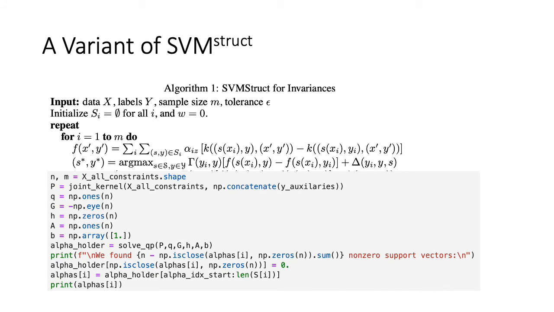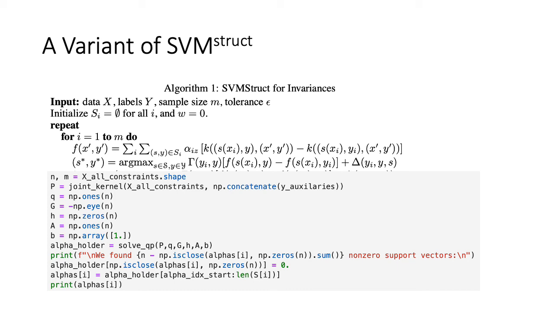This basically just boils down to building the QP matrices. The quadratic term is your joint kernel with all of the constraints, or just the subset of constraints if you were doing a subset. Your linear term is a regularization parameter. We set it to all ones.